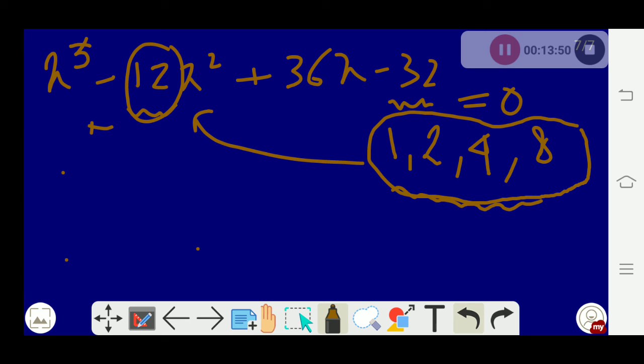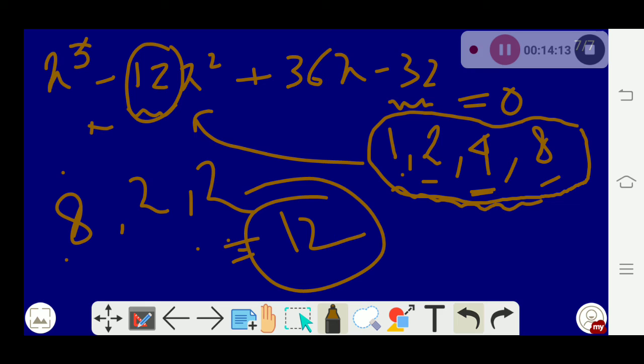So 4 plus 2 plus, no, not applicable. 8 plus 4, two numbers giving 12. 4 plus 2 plus 8, no, it's exceeding. So what is left? 8 plus 2 plus 2 is 12, right? So yes, these are the three solutions.